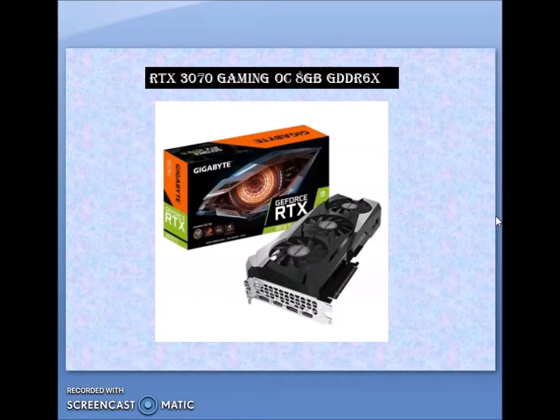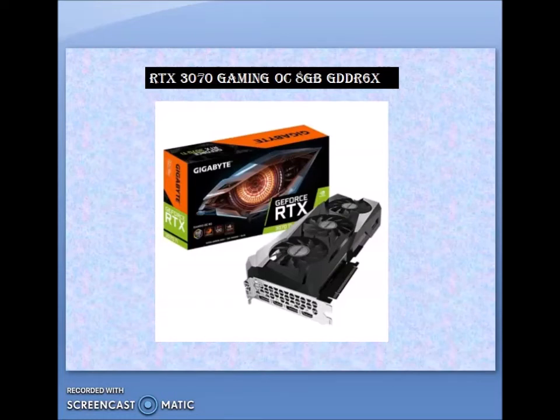The type of memory is GDDR6, the data bus is 128 bits, and the velocity of the clock is 14,000 megahertz. This graphic card costs 400 euros.